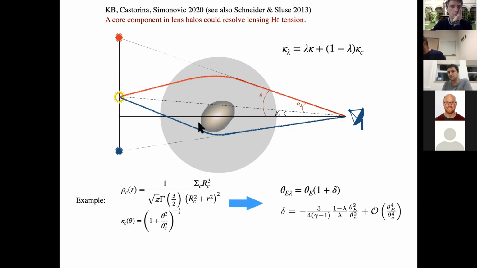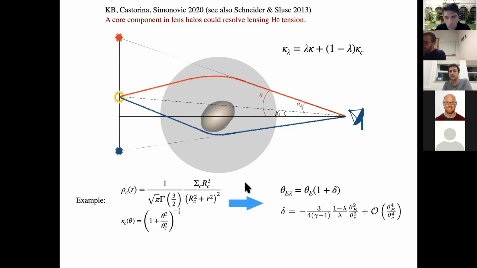And now if your core component dies off sufficiently far away from the center of the lens, but not to break the degeneracy, but sufficiently inside so as to not affect cosmological lensing, then it's very hard to tell it apart. And you can calculate how degenerate the problem is.